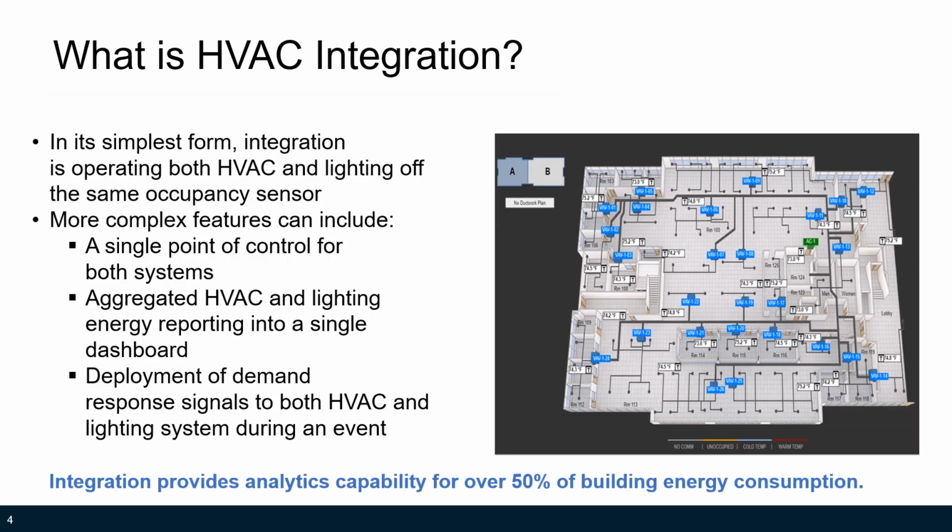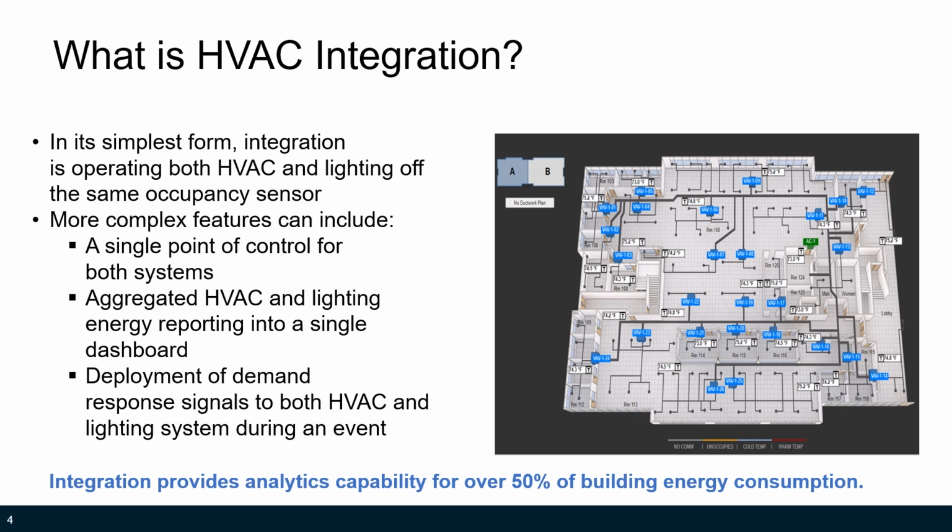It is not uncommon today for a building to have multiple control systems for lighting and HVAC, sometimes even multiple systems for each. In its simplest form, the integration of lighting and HVAC provides the ability to control lighting and HVAC from shared occupancy sensors.